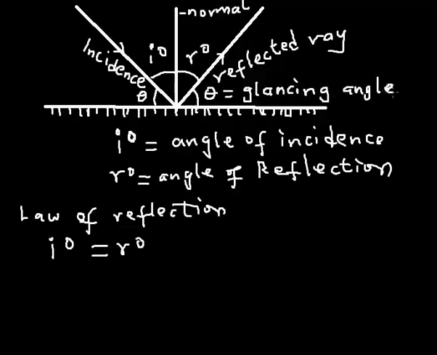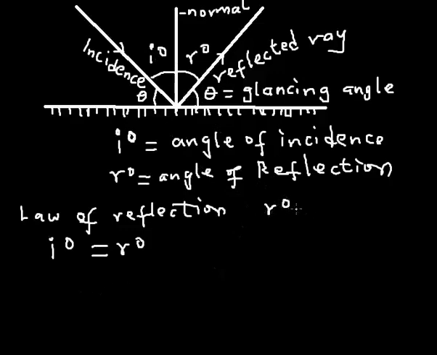Remember the surface and the normal are perpendicular to each other. The glancing angle is the angle between either the reflected ray or the incidence ray and the surface.